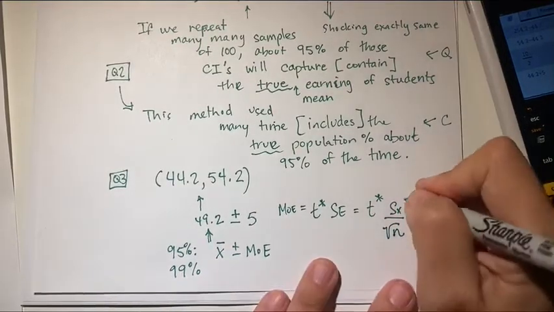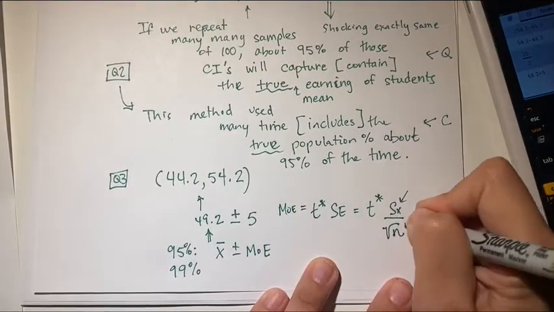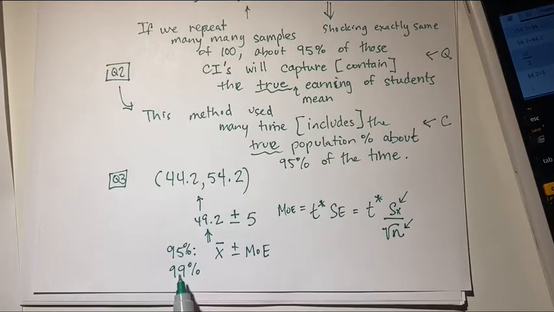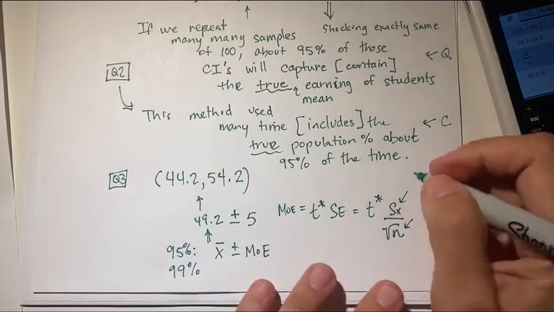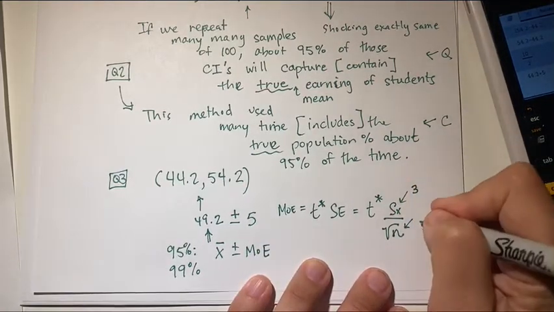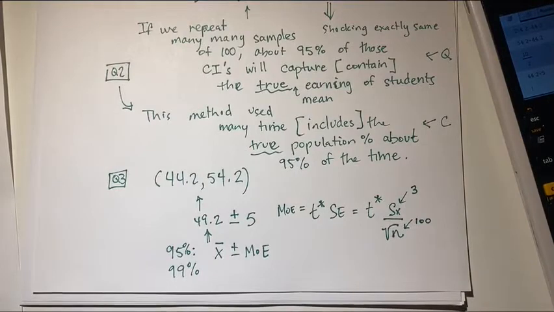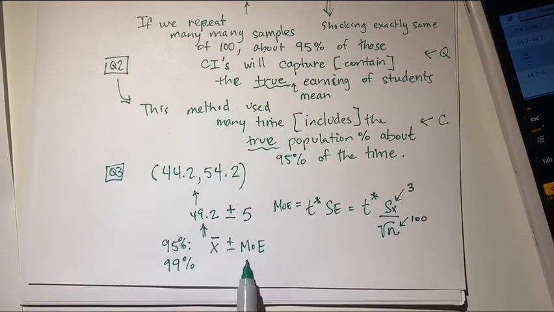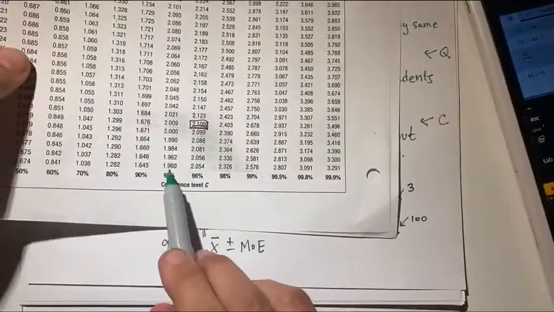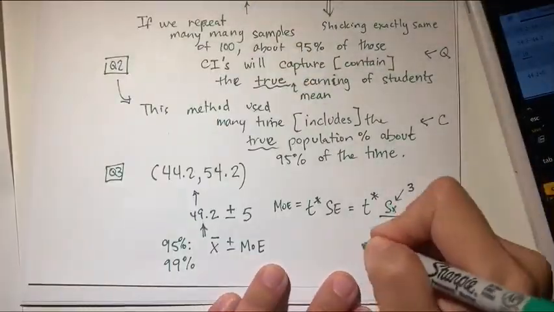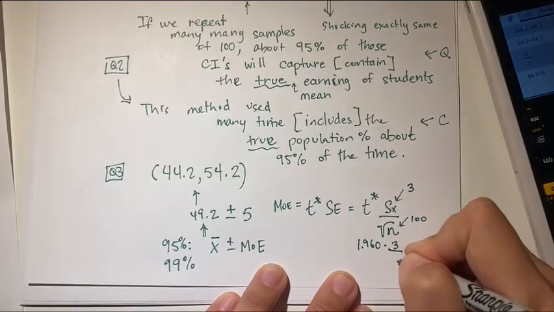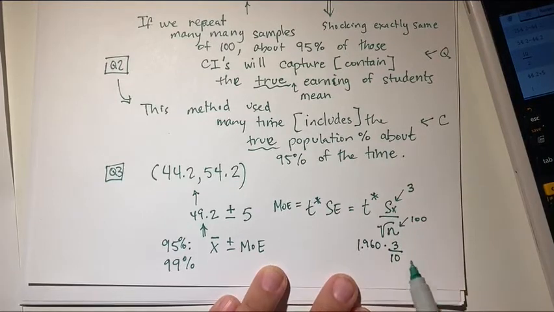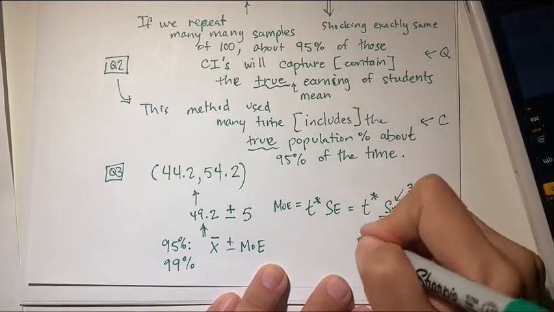Assuming those are the same whether you do a 95 or a 99, that number doesn't change. Let's say the standard deviation is 3 and you took a sample of 100. For a 95% confidence interval, the T star would be 1.960, times 3 divided by 10, because I took the square root of 100. This would be our margin of error.